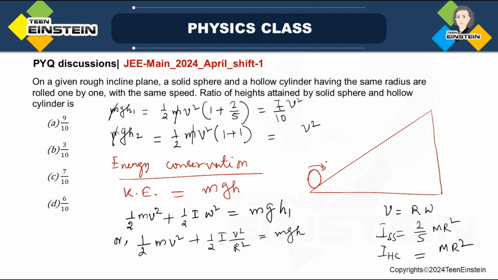Now take the ratio both sides. If you take the ratio, h1 by h2 is equal to 7 by 10. Okay, option C will be the correct answer for this question. So this is the case of rolling up along the inclined plane.